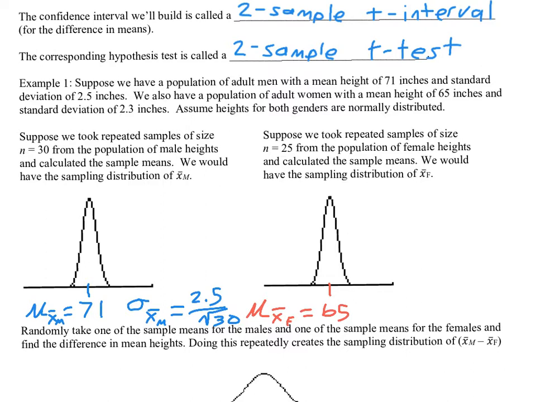This will be less spread out than the population distribution, so our standard deviation of all the X bars for females will equal 2.3 divided by radical 25.